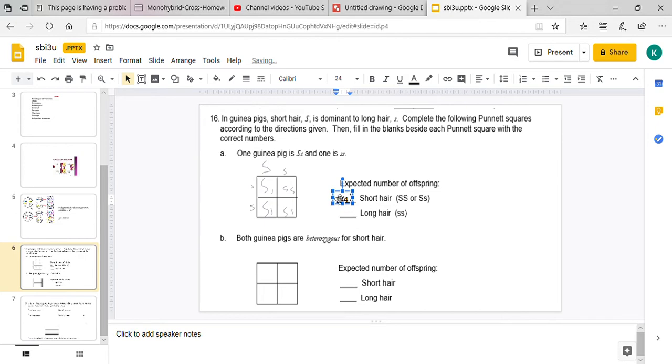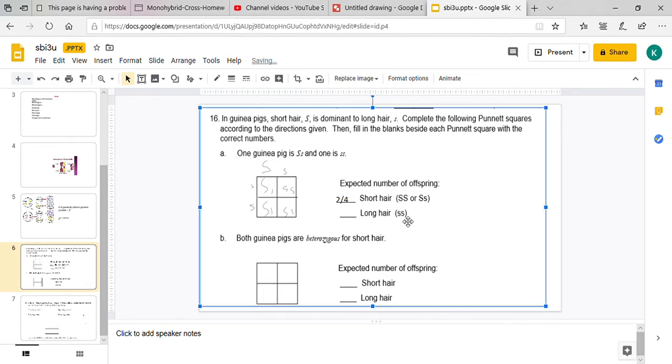Okay. And if you look at the long hair alleles, you'll have to look for cases of homozygous recessive, and that's also 2 in 4.